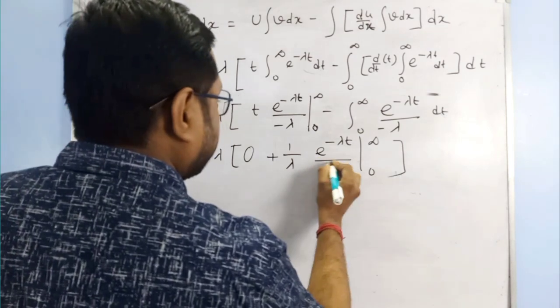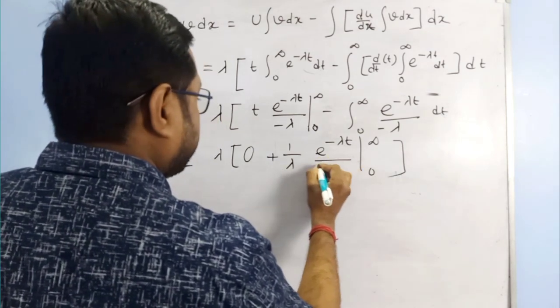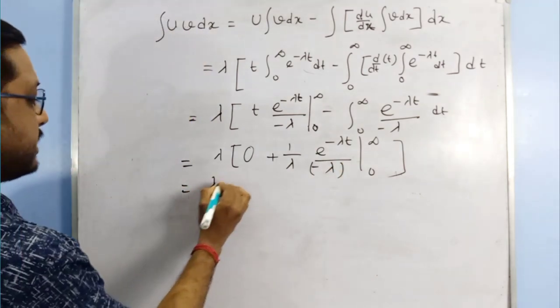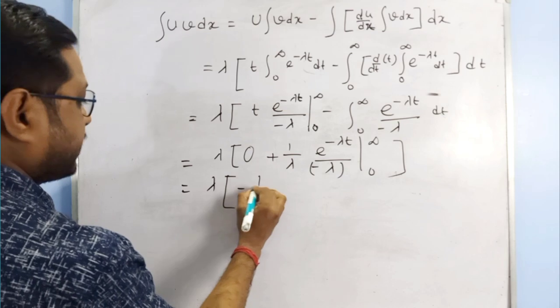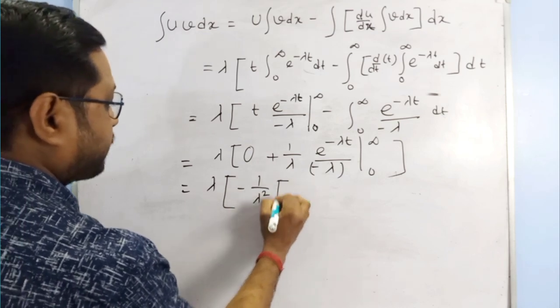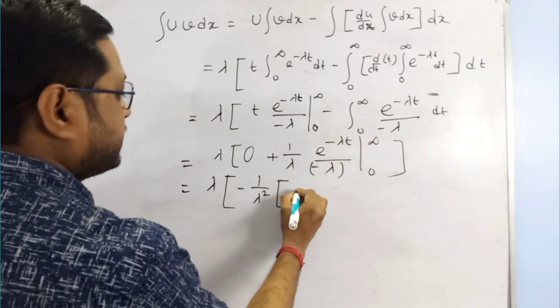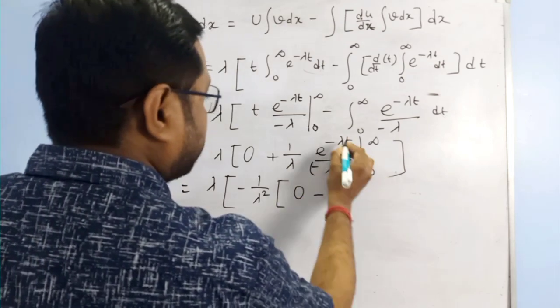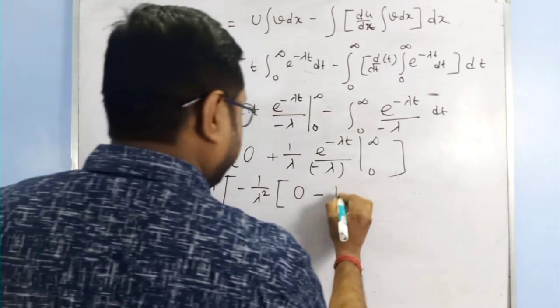Sorry, here a minus lambda also comes. So one lambda is outside the integral, and we get minus 1 by lambda squared. Now e to the power minus infinity means 0, minus e to the power minus 0, e to the power 0, that is 1.